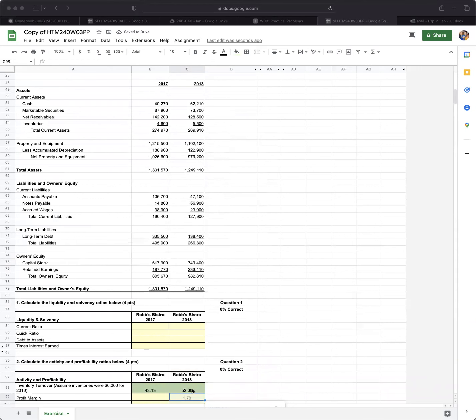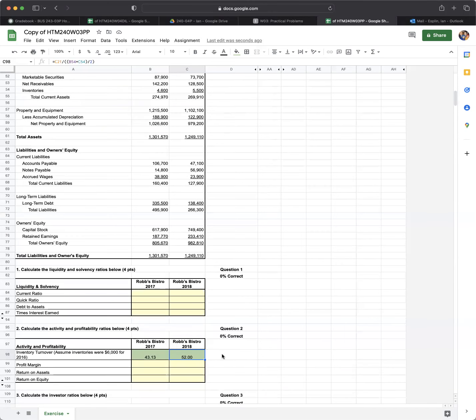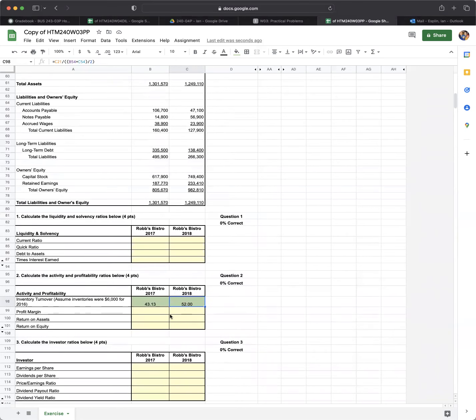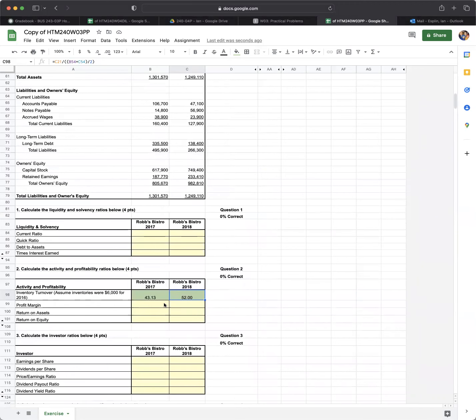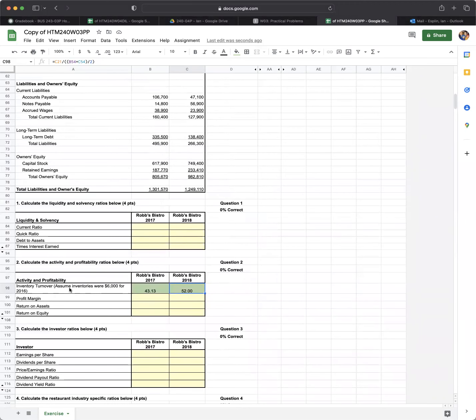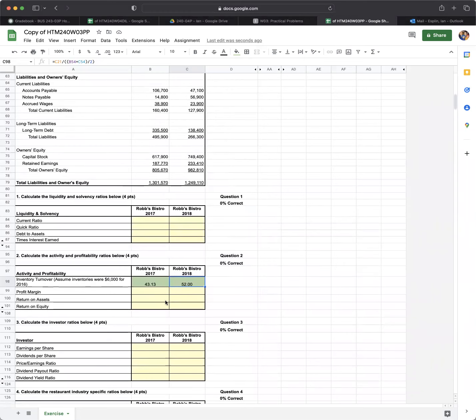So the inventory turnover ratio for 2018 was 52. Hopefully that helped you. I know it's a few different pieces there. I think some people missed the 6,000 here.